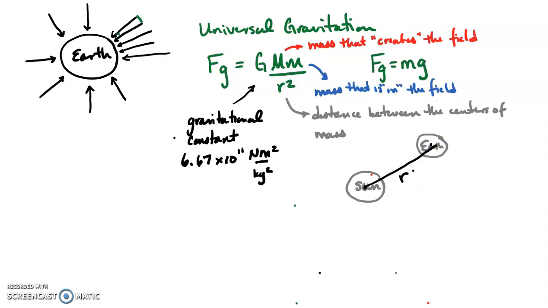Now, there is a secondary concept to this. If we link these two equations together, then we can actually look for an individual object's gravitational field strength. Like this g right here, we know is 9.8 newtons per kilogram on Earth.